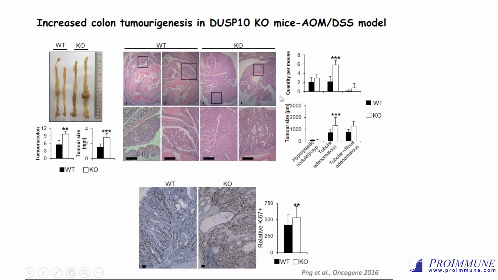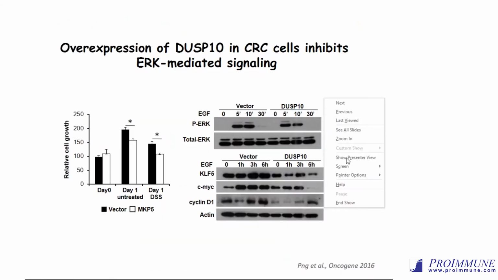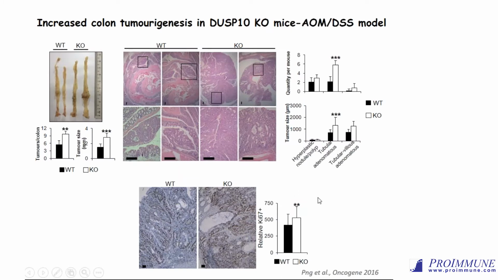On the other hand, in the knockout colon, the entire photo is a tumor. These tumors are also at a more advanced stage, as shown in the bar chart. In addition, the Ki67 staining also shows that the knockout tumor contains more proliferating cells.